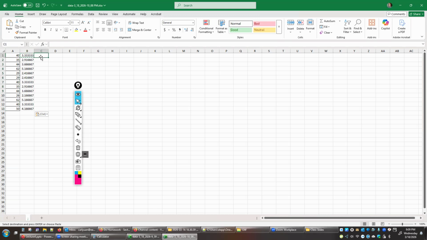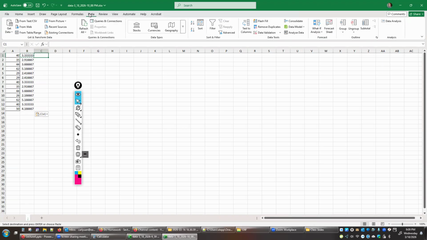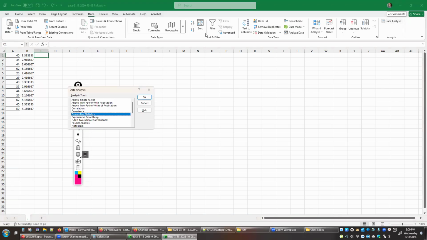Now I'm going to go to the data analysis module and calculate the mean and standard deviation. So I'm going to go to data. Since I already activated data analysis, it's there. So click on data analysis, descriptive statistics. Click on OK.